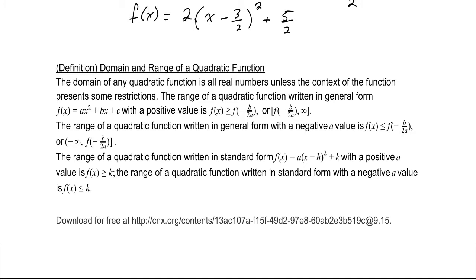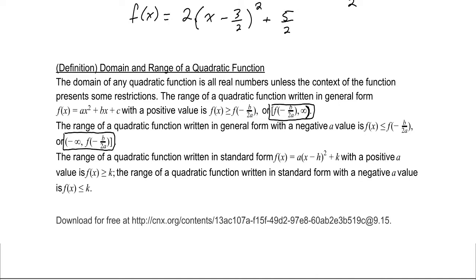But the range, in the most general form, is written this way: f of negative b over 2a to infinity, and that should be a bracket right there, or negative infinity to f of negative b over 2a, depending on whether the graph opens up or down.